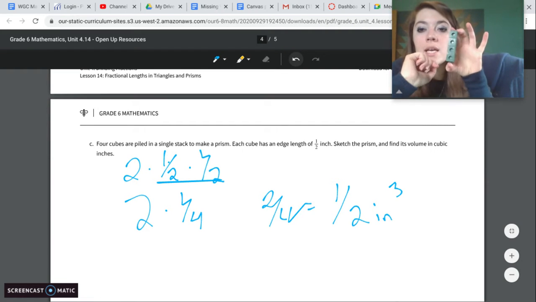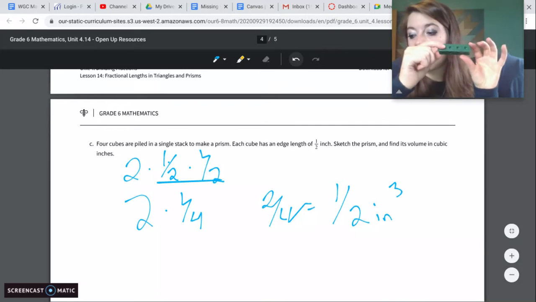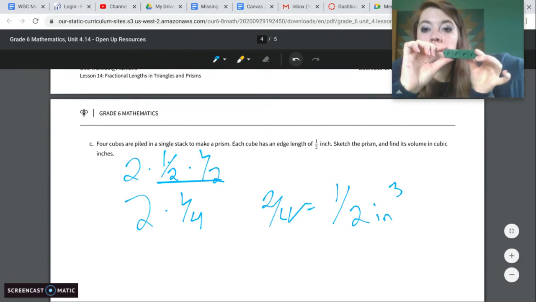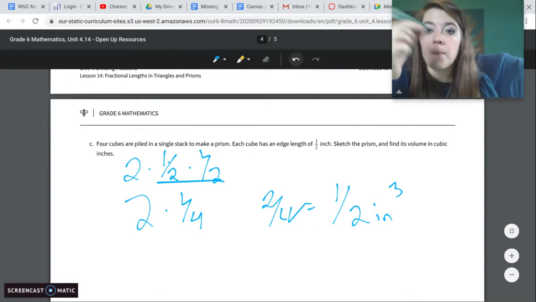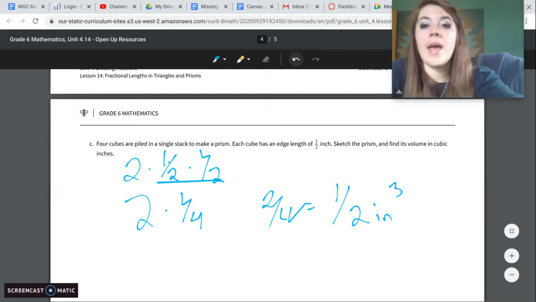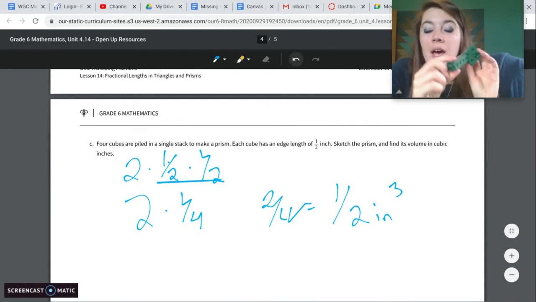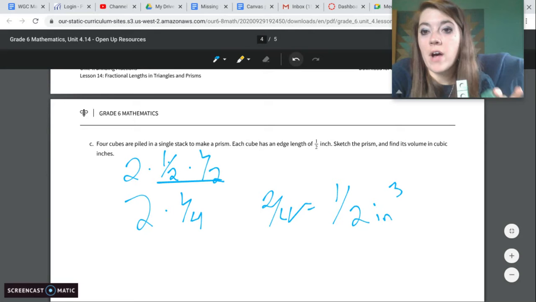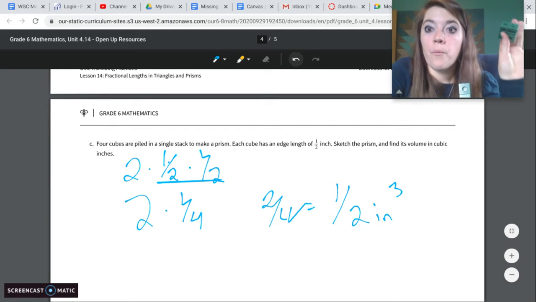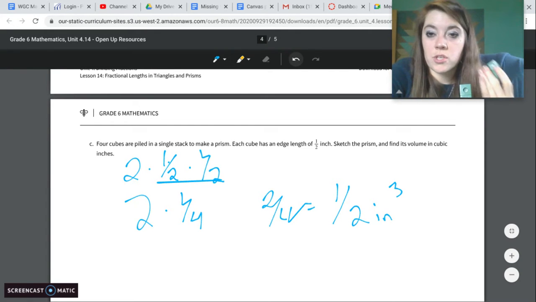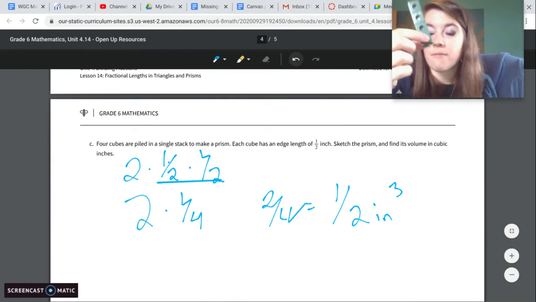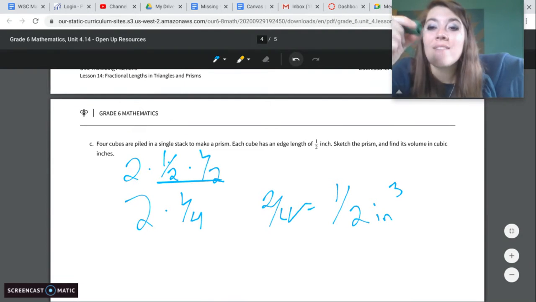Now, looking at this stack, we see that there's 1, 2, 3, 4. We took 4 cubes and made this prism. When we have a single cube, we have 1/8 inches cubed as our volume.